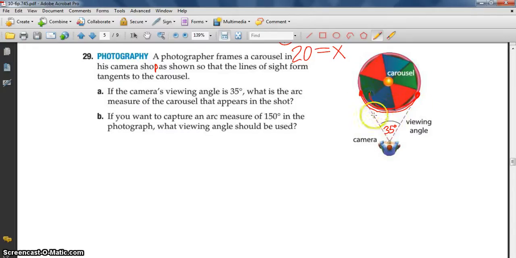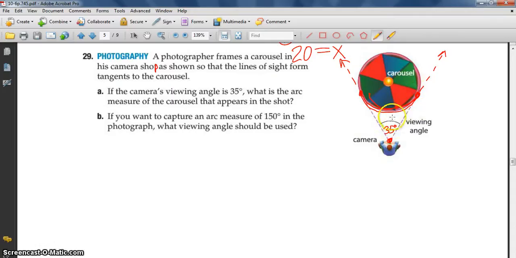Okay, so formed by two tangents, the vertex of the angle is outside of the circle. So when it's outside, that angle is equal to half of the difference of the two intercepted arcs. So the two arcs inside of this angle. And this side would extend out, and this side would also extend out.